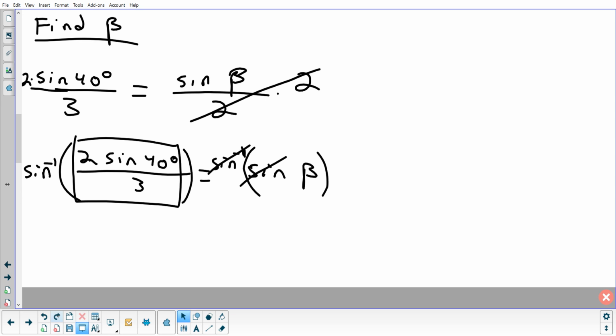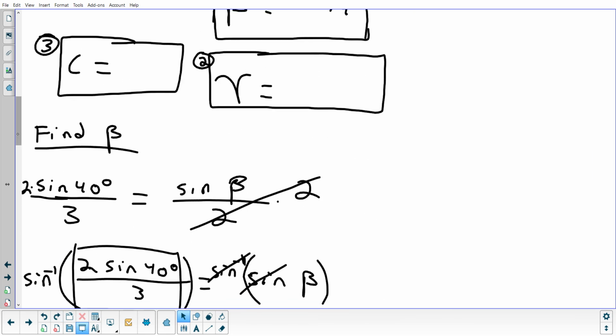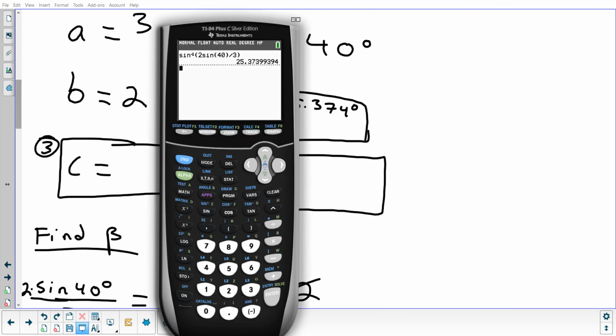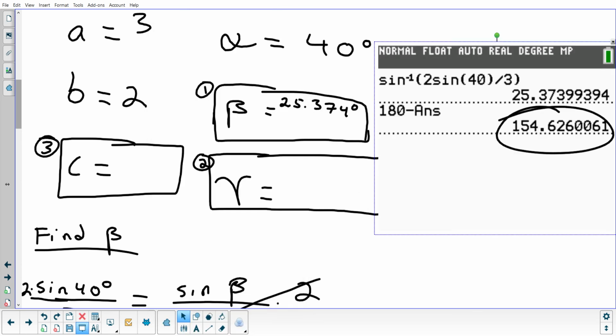How do you get an answer in quadrant 2 using the one you already have? Yep. 180 minus the reference angle. 180 minus the reference angle, 25.374. If there is a second answer to this problem, that's it right there. If it works.